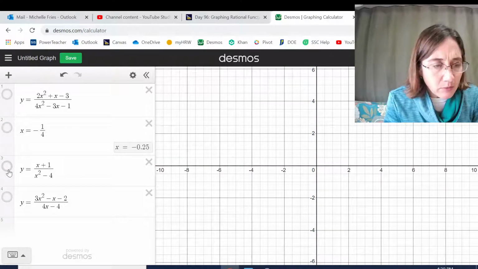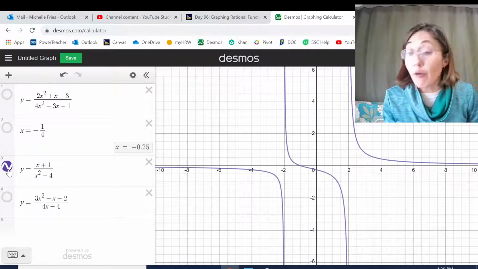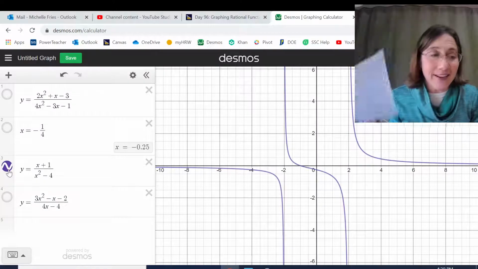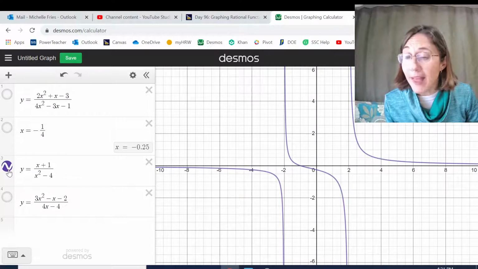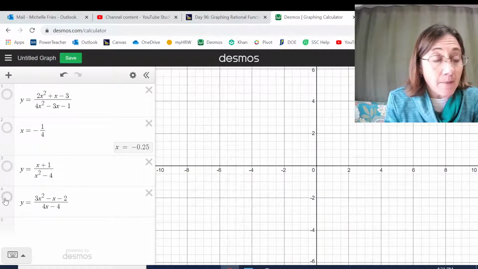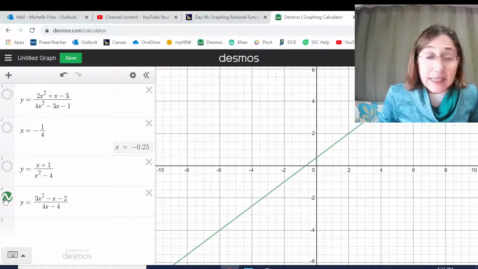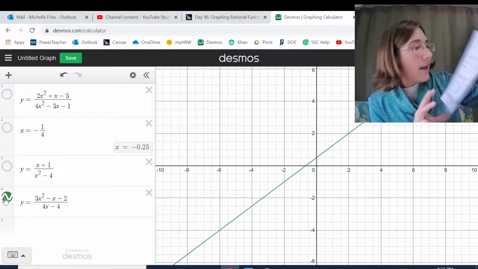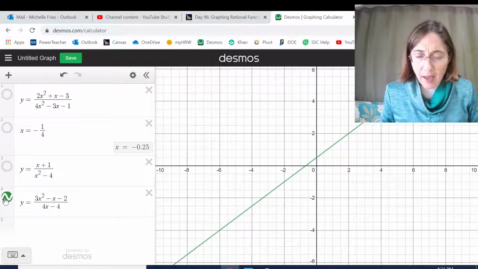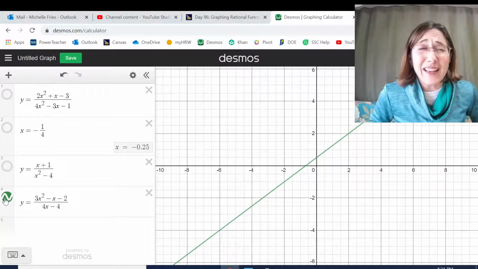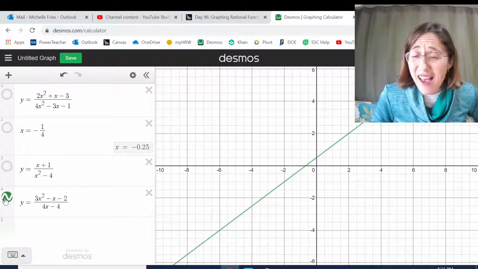Okay, now this one is really weird looking. It's what your second graph is going to look like on here, so I'll let you do some exploring with that. There are 2 asymptotes that you see on that one, but the main one I want to get to is this third one. So this is this card here, and I graphed it, and this is certainly not what you were probably expecting to see.